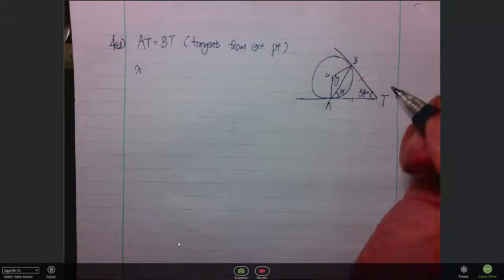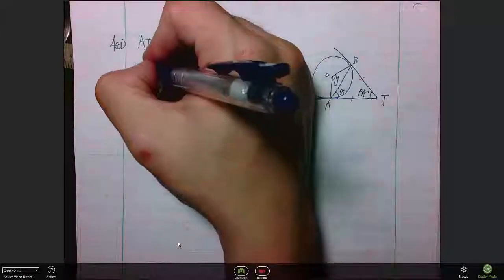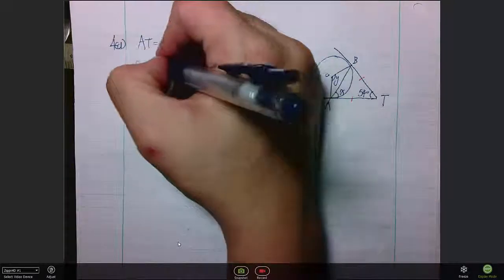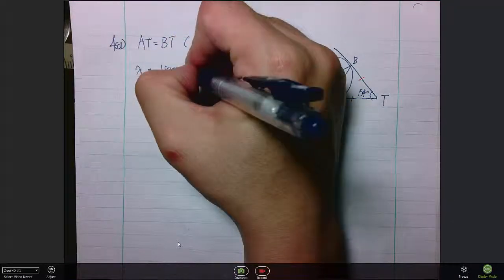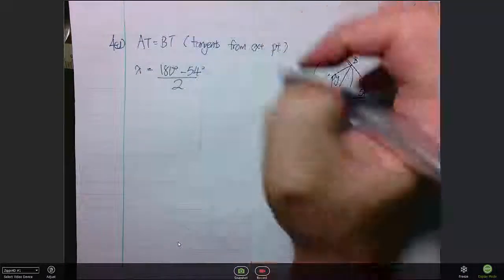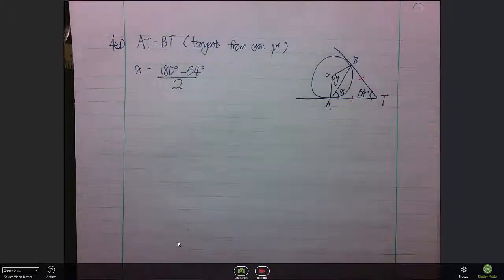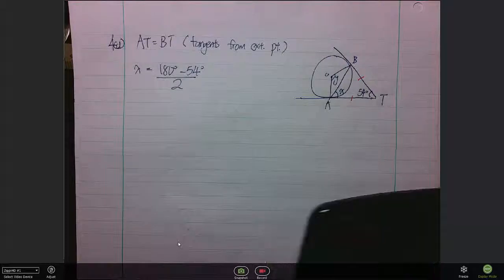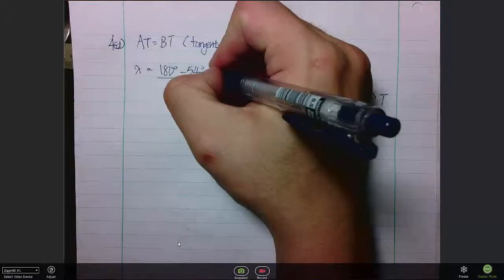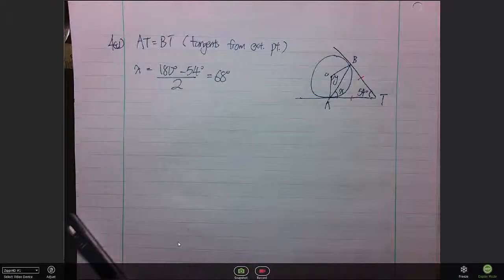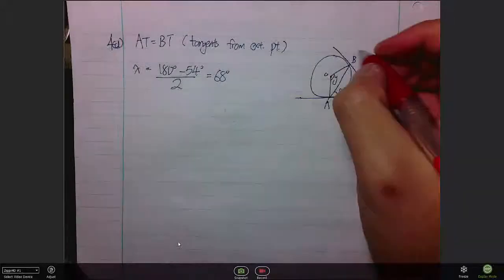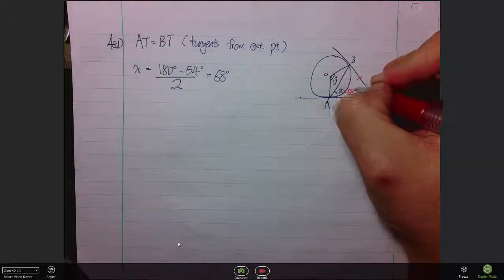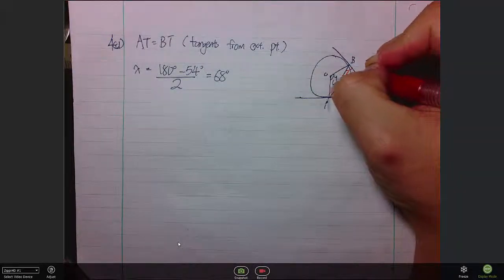I can immediately say that X is equal to 180 degrees minus 54 degrees divided by 2, that is equal to 68 degrees. So now I know that this is 68 degrees. This will be 68 degrees as well.